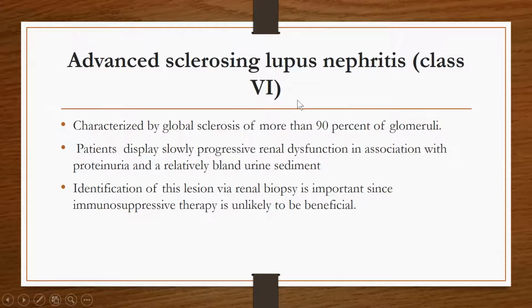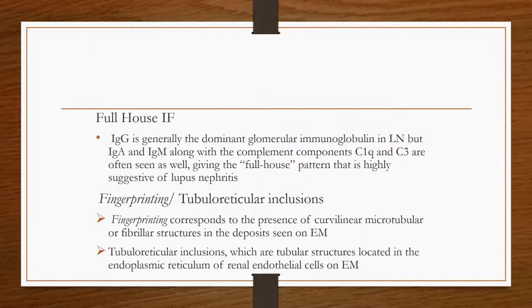Class 6 is advanced sclerosing, where you have more than 90% global sclerosis of the glomeruli. This is difficult to treat because there is significant global sclerosis. The full house pattern you usually see in SLE, where there is staining against most of the immunoglobulins and complements.